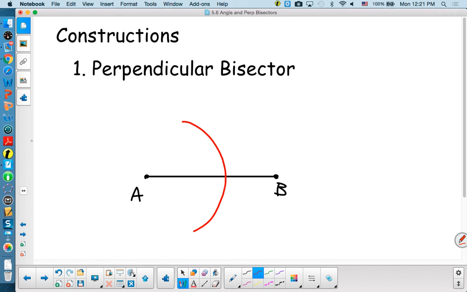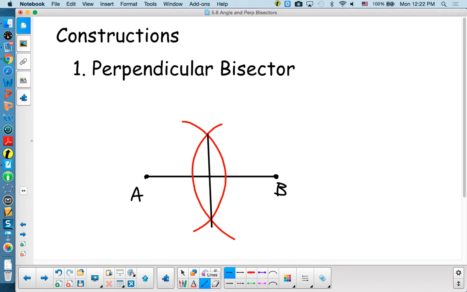From B, do the same arc. Now we'll connect those 2 points. And you will have created a perpendicular bisector. You might notice that that's the same construction we did for midpoint or for segment bisector. Yes, you get all of those things from this one construction.